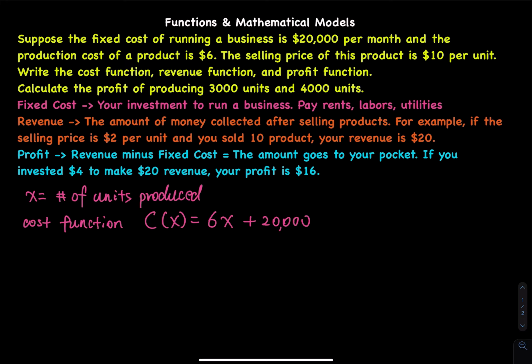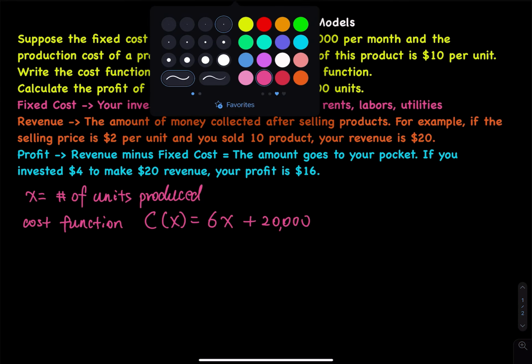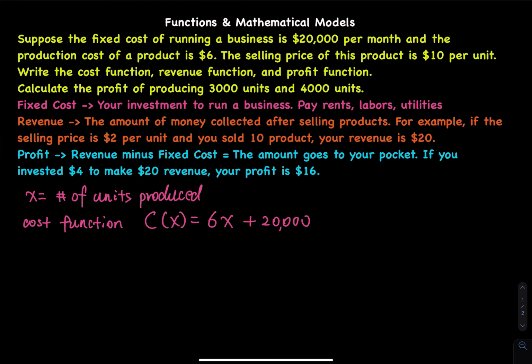And then the next one is revenue. Let's say you sell 100 units, then 100 times the selling price is your revenue. So let's match the color. For revenue, how much do I charge for each unit? The answer is $10.